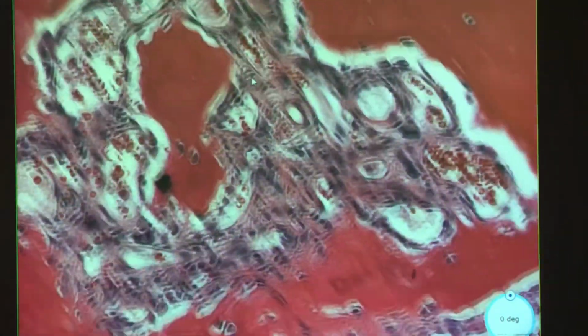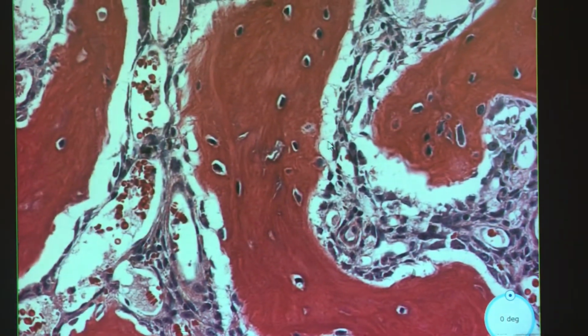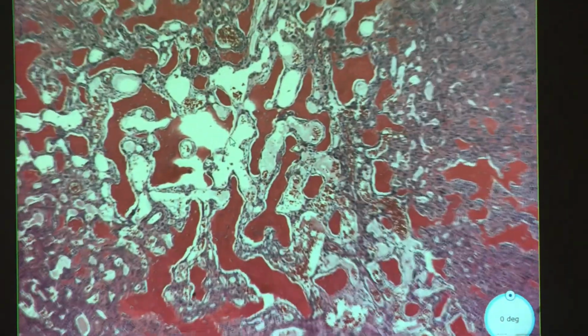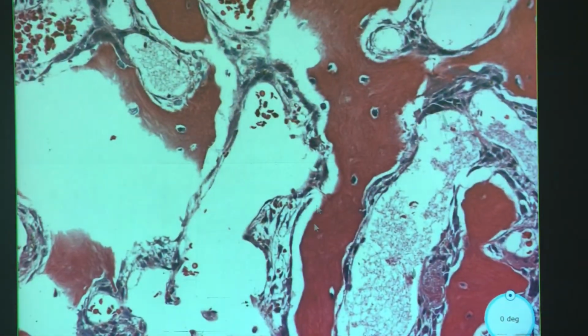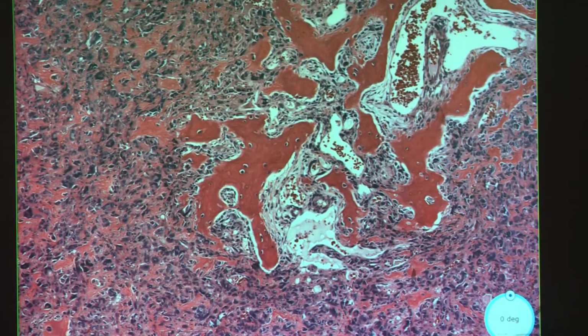These ones don't look as scary, and this is an important feature to note, that when they're surrounded by bone, they don't look as bad. Like this doesn't look so bad. We can see the definite pleomorphism in those cells.